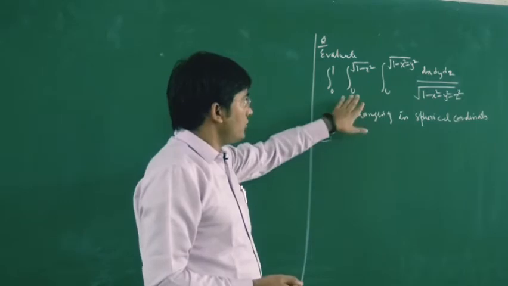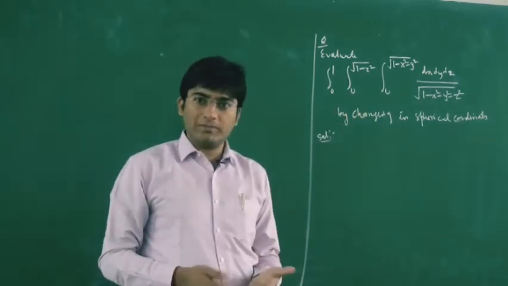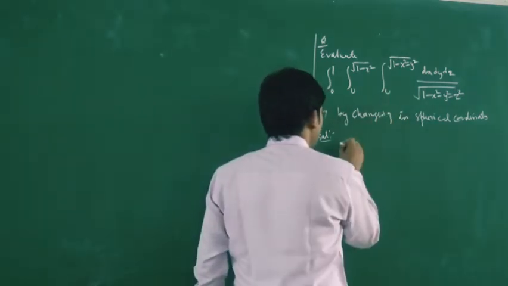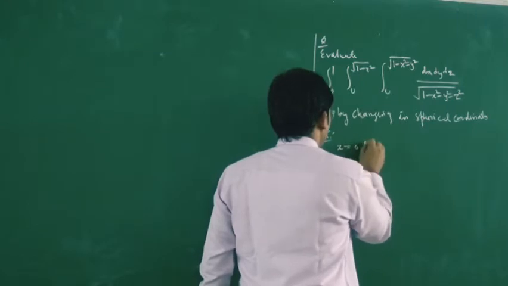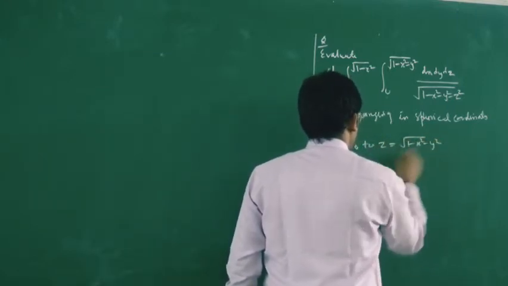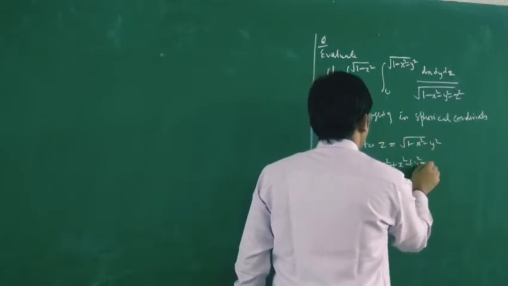Now from the limits you can guess that our limits are for the positive octant of the sphere. So here z is from 0 to square root of 1 minus x square minus y square, so we have z square plus x square plus y square equal to 1.